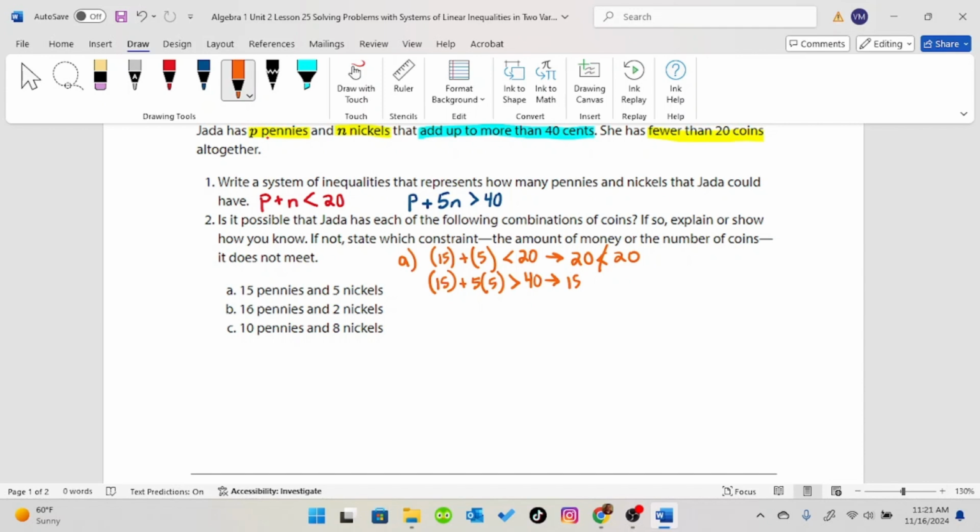Well, 5 times 5 is 25, and 15 plus 25 is 40. 40 is not greater than 40, so A cannot be a possible combination because it does not meet either constraint.